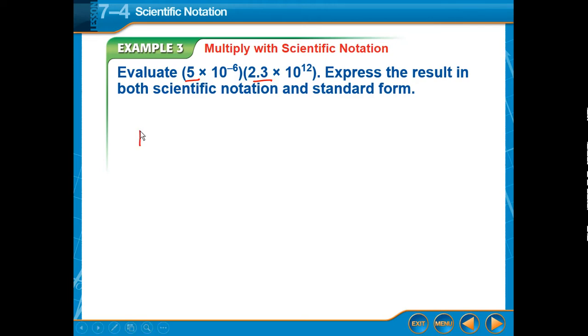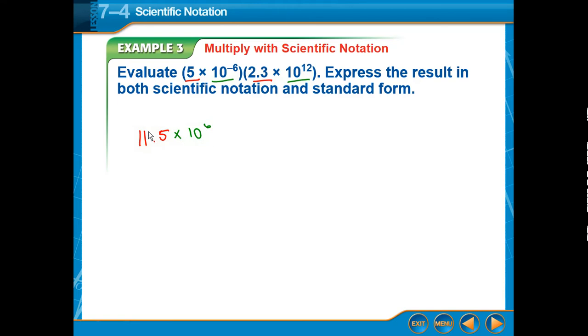So I get 11.5, and then I want to multiply my powers of 10 together. So 10 to the negative 6 and 10 to the 12. So these are the same base. So when we have the same base, both of these have a base of 10, we add the exponents. So negative 6 plus 12, that's going to be times 10 to the positive 6.